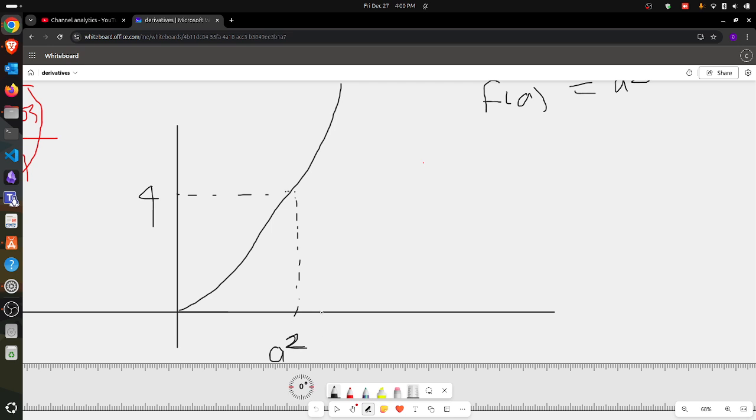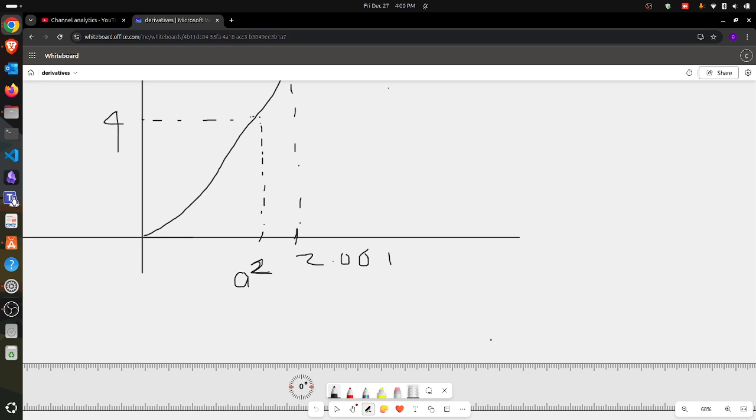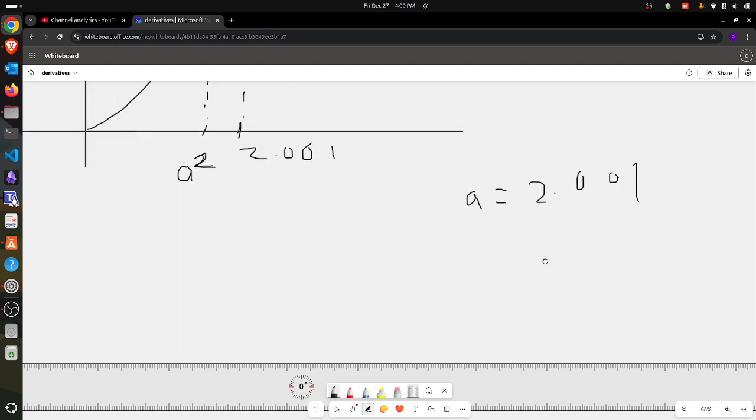And if we nudge a by an infinitesimally small amount, like 2.001, then f of a is going to be somewhat equal to 4.004. I'm writing the mathematical equation so the further understanding will be easier.